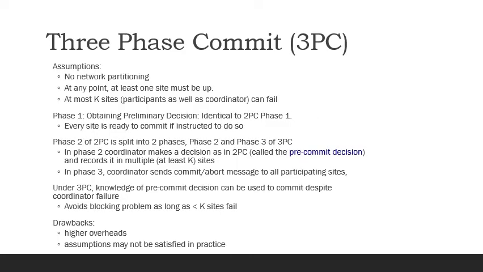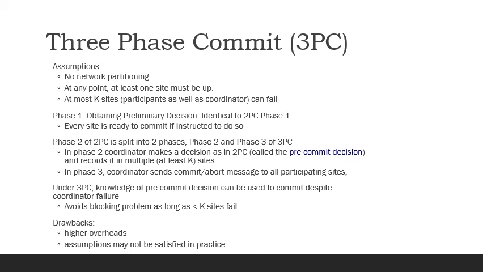Next, let's see the three-phase commit protocol. The three-phase commit or 3PC protocol is an extension of the two-phase commit protocol that avoids the blocking problem under certain assumptions. In particular, it is assumed that no network partition occurs and not more than k sites fail, where k is some predetermined number.